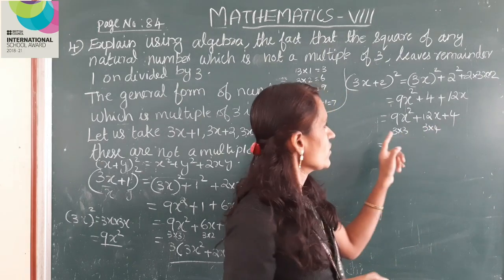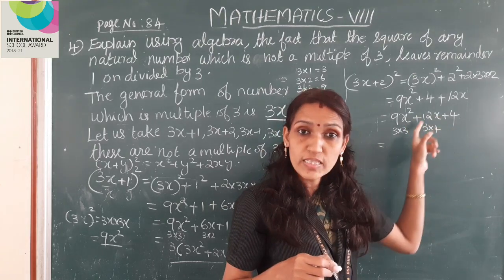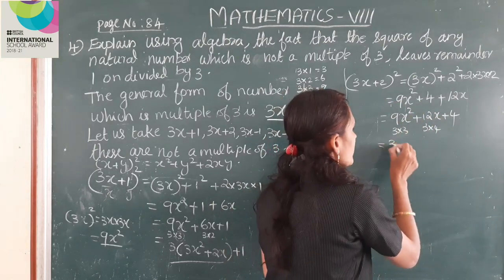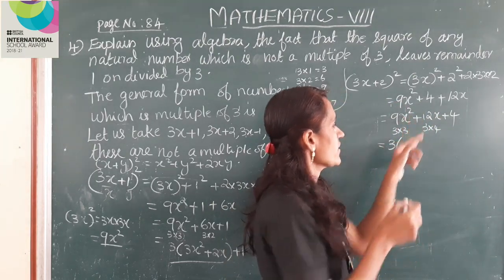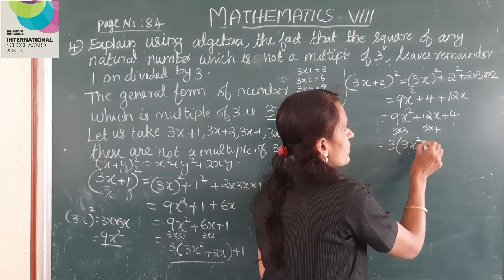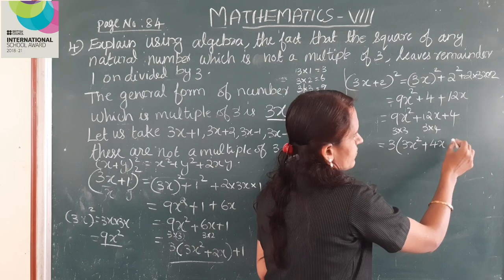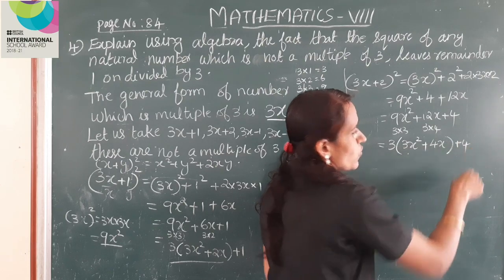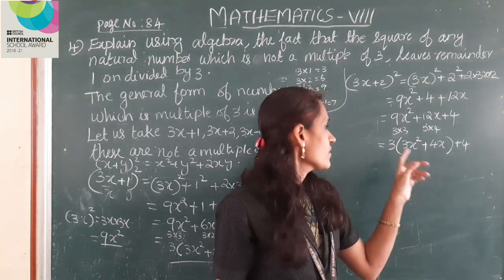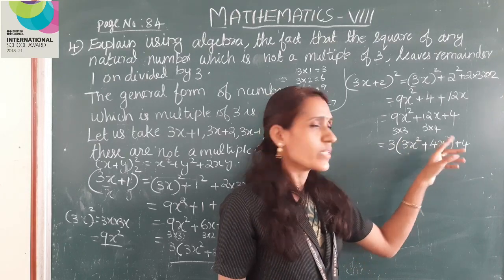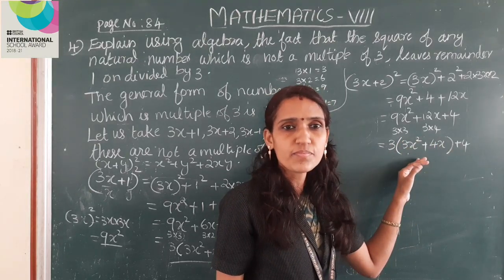In these two terms, 3 is the common term, take outside 3 into remaining 3x square plus 4x plus 4. Here 3 into 3x square plus 4x is a multiple of 3.